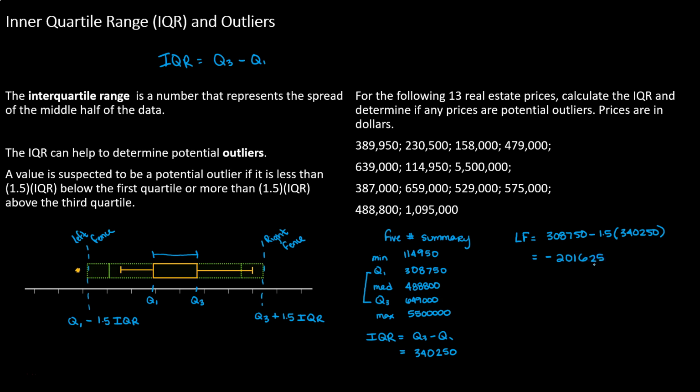And now looking at the context of this data, this is real estate prices. So having a negative number for a real estate price, it essentially means someone's paying you to take it. Not realistic, but also we don't have a number smaller than this left fence, so we know that there's no minimum extreme value.